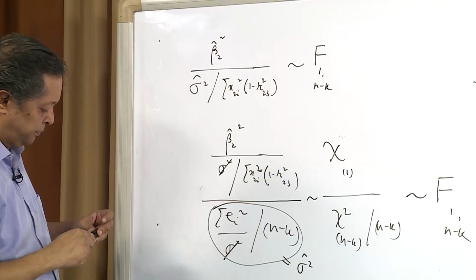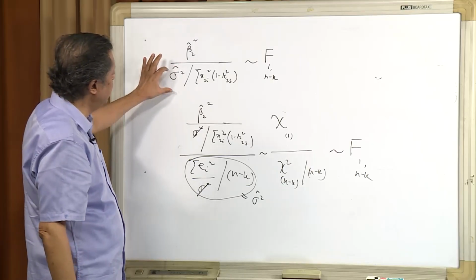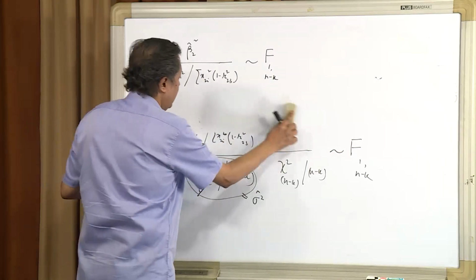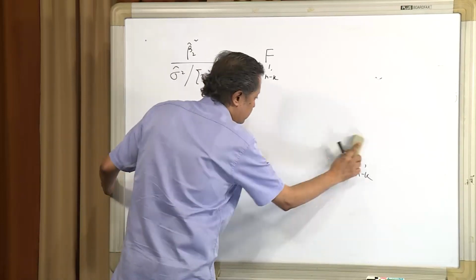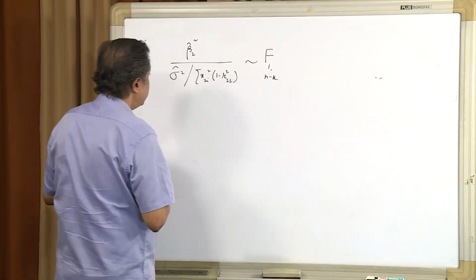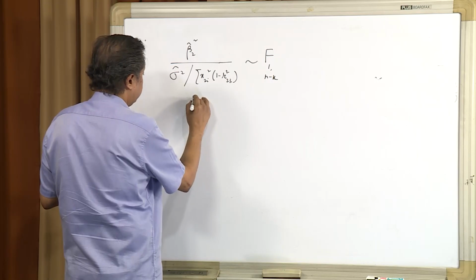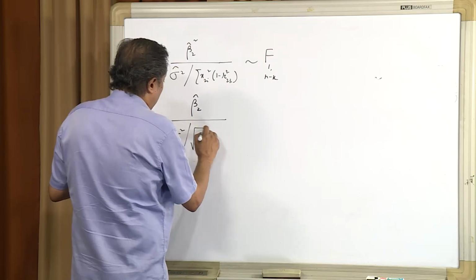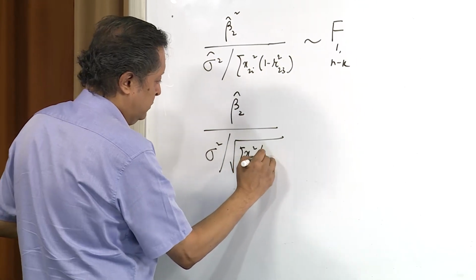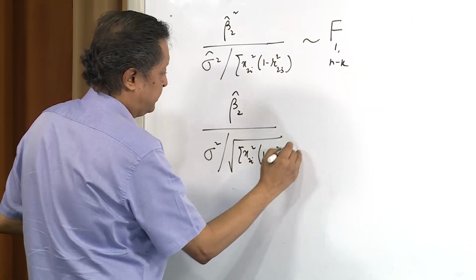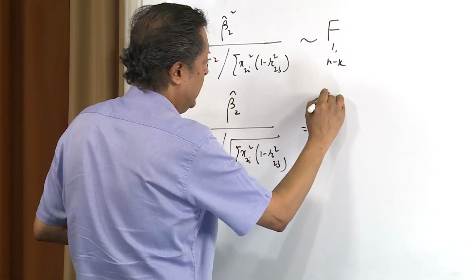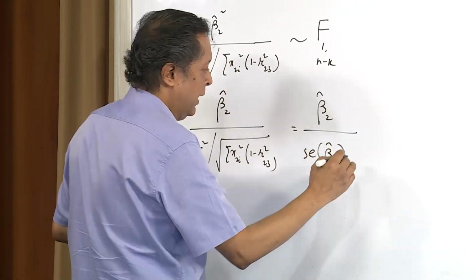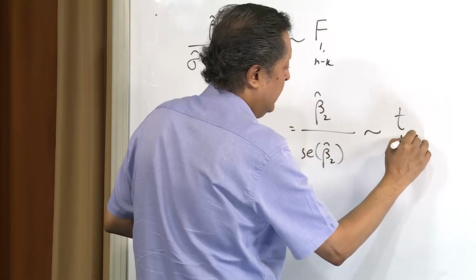So, what is this? This is beta 2 hat square divided by the estimated variance, and the square root of that is equal to beta 2 hat divided by standard error of beta 2 hat, which follows T with n minus k degrees of freedom.